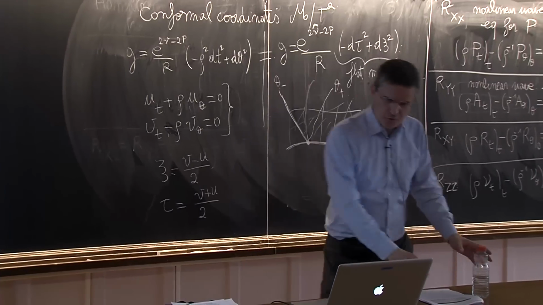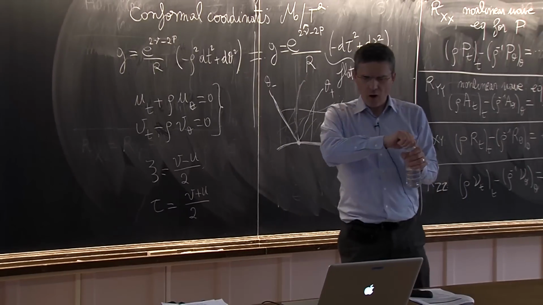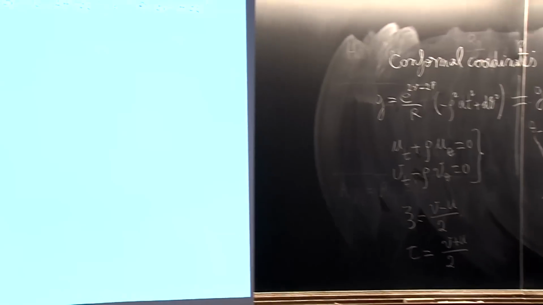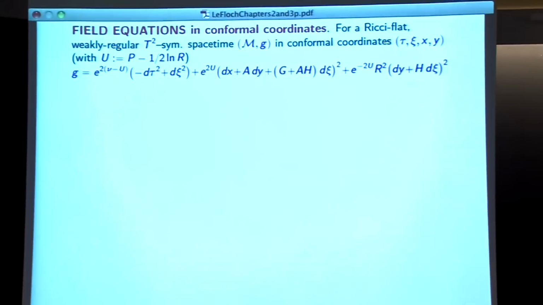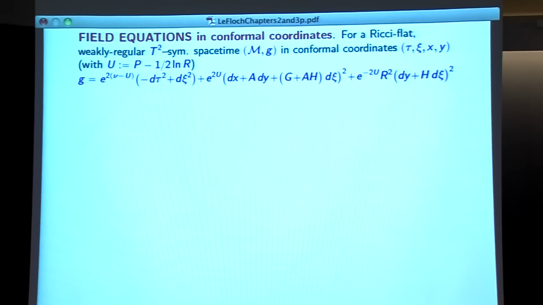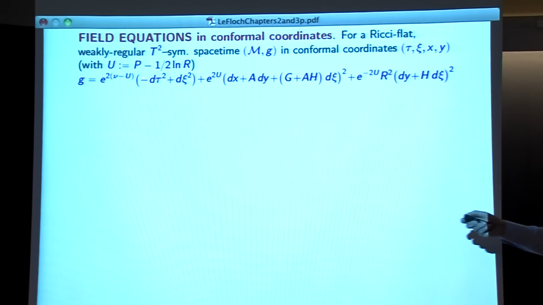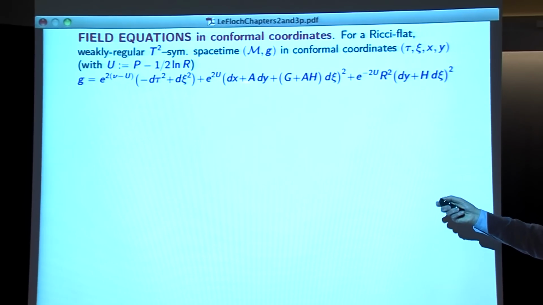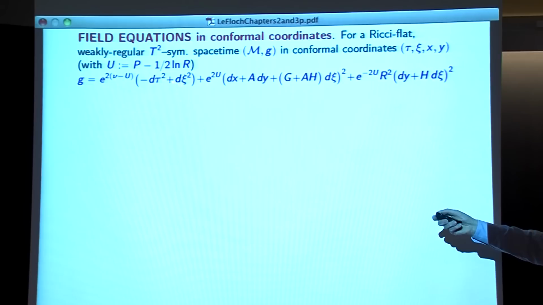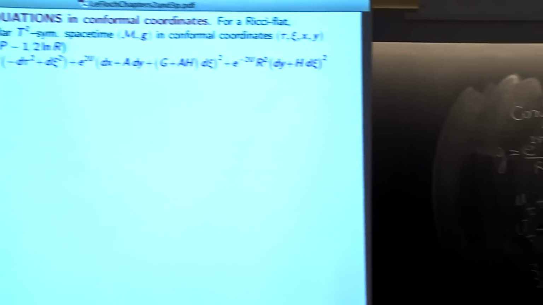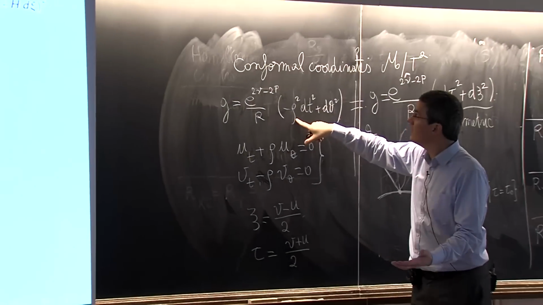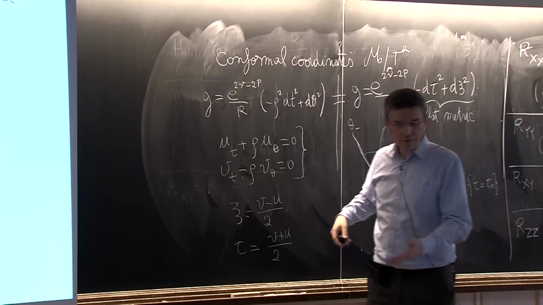We have conformal coordinates, and now instead of the form of the matrix that we had before, we have something slightly simpler. How simple is it? Look at the formula here. Basically what we have achieved is that the conformal factor rho that came here is now taken to be 1.